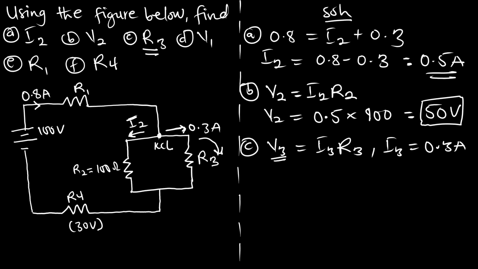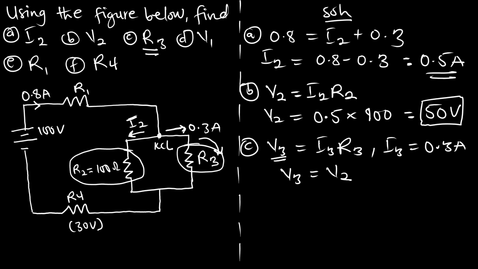that resistor 2 is parallel to resistor 3, and for parallel arrangement, the voltage is equal. For parallel arrangement, we have the same voltage. So can we say our V3 is equal to V2? Yes, that is true, because V3 and V2 are equal due to the parallel arrangement.